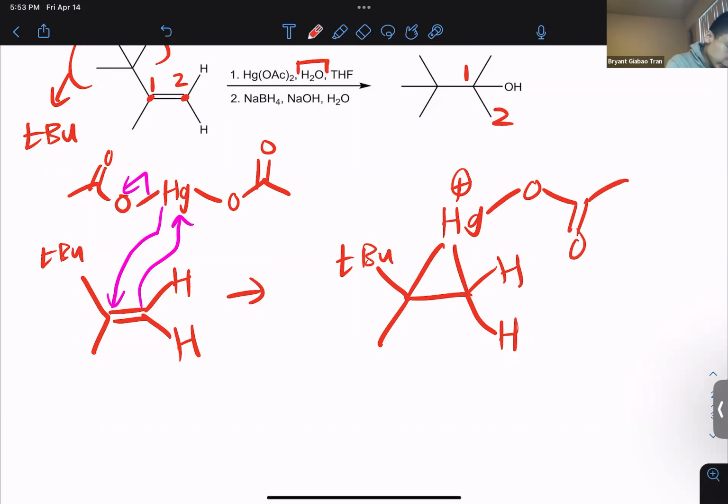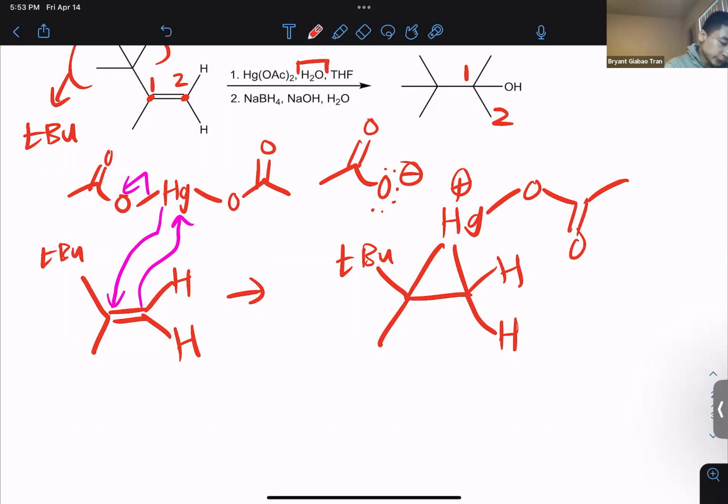And this acetate here left as a good leaving group because it is able to do resonance, and if it's able to do resonance, it will be stable, which makes it a good leaving group because it wouldn't want to react again.